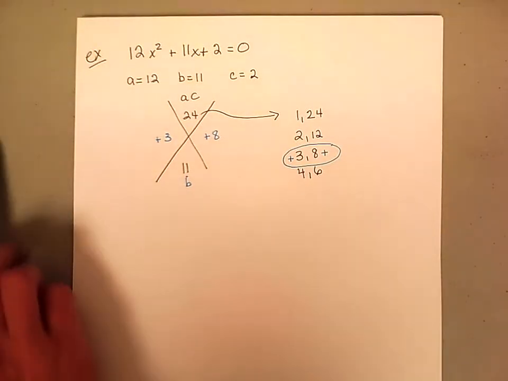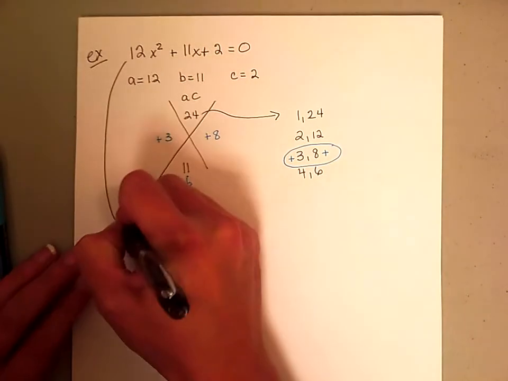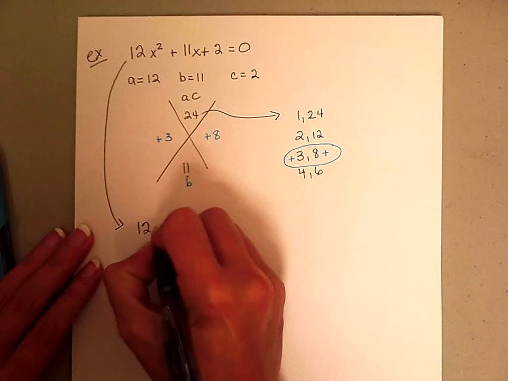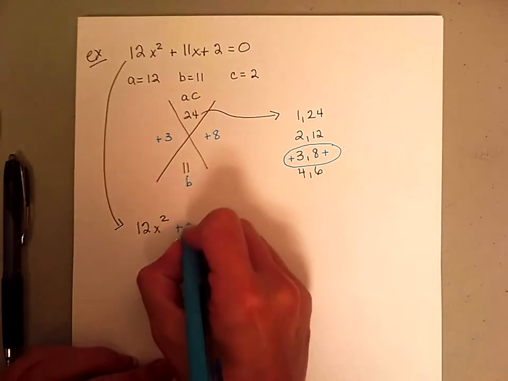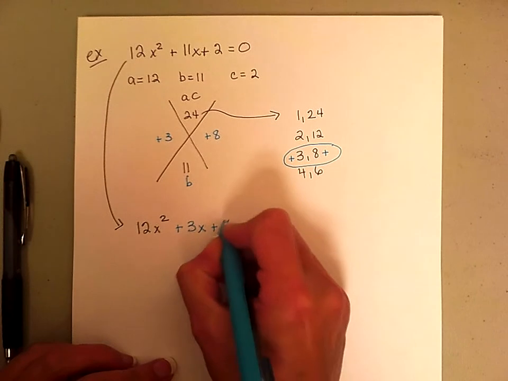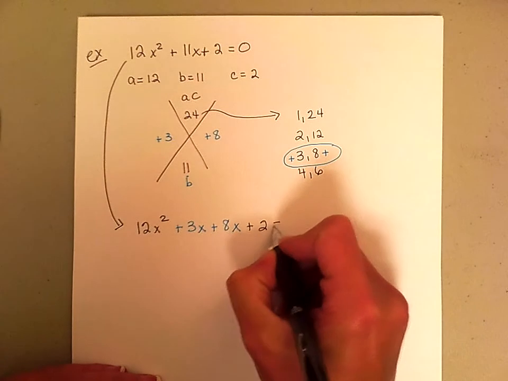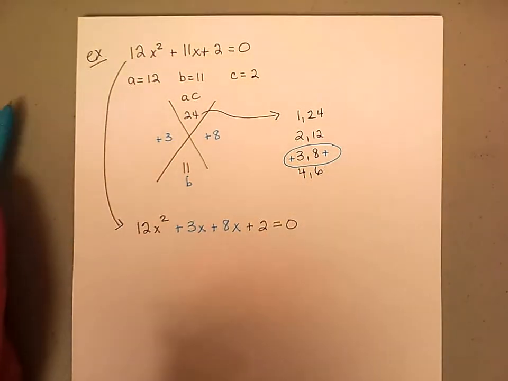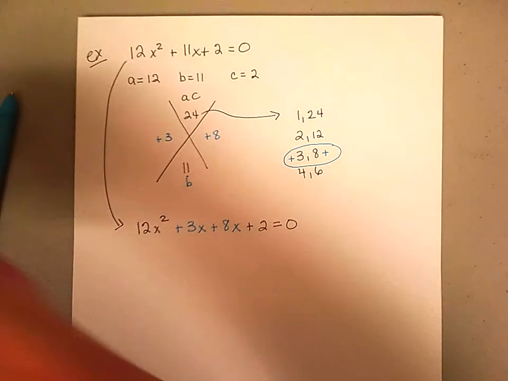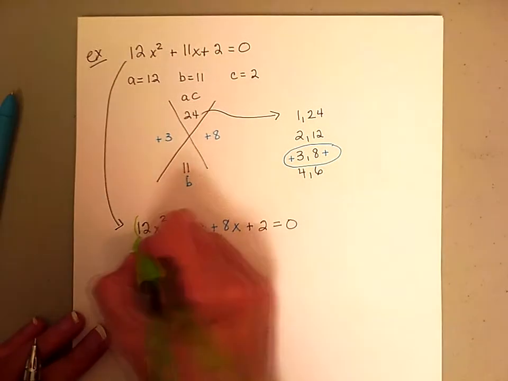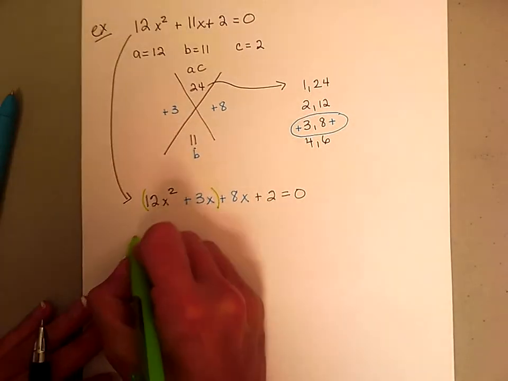So that means I can rewrite my original equation as 12x squared plus 3x plus 8x plus 2 is equal to 0. Then we can factor by grouping. In this grouping, the greatest common factor is 3x.